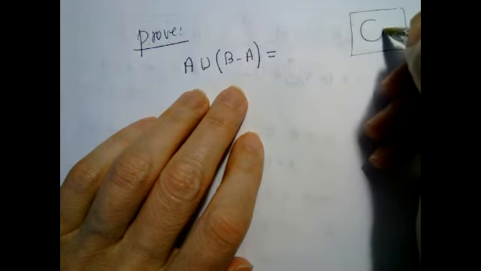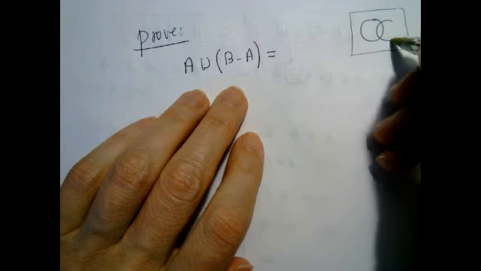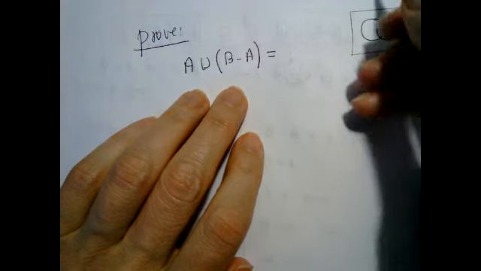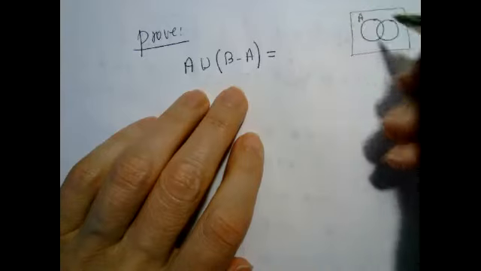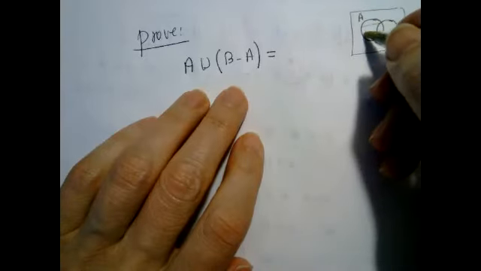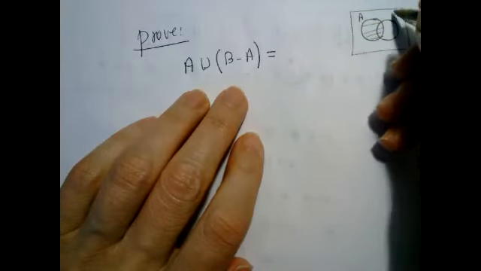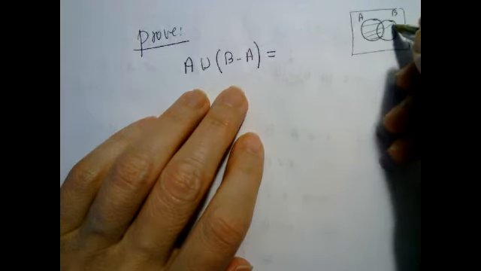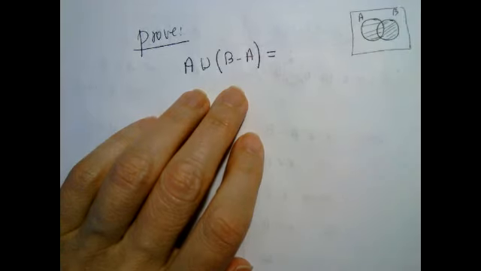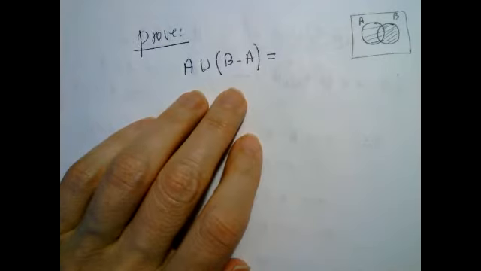So take A... A intersect B. No, this is A union B minus A. What should I get?